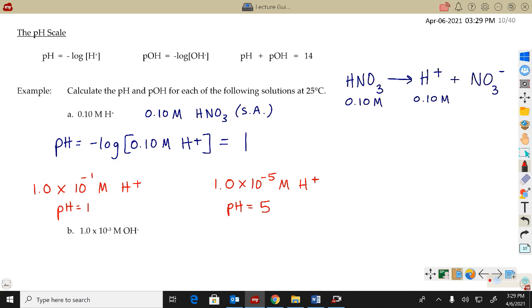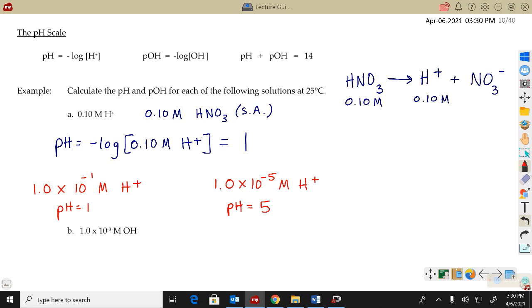And when we get beyond 7, up past like 10, 12, 14, then it's a base. Well, you got to think about that pH number and where it comes from. It's the negative exponent of 10. So 10 to the negative first, that's a bigger number. That's more hydrogen than a concentration of 10 to the negative fifth. That's less hydrogen. So yeah, the pH 1 is more acidic.